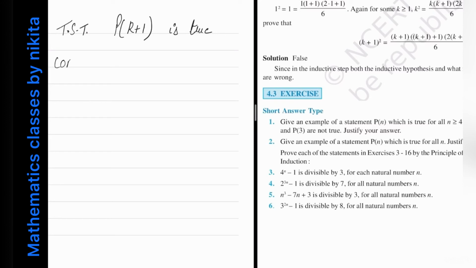So for that you consider 3 to the power 2 times k plus 1 minus 1. Okay. Now this can be written as 3 to the power 2k into 3 to the power 2 minus 1, which is equal to 3 to the power 2k, 3 3s are 9, and this minus 1. अब हम 1 से इसकी वैल्यू सब्स्टिट्यूट करेंगे 3 to the power 2k.